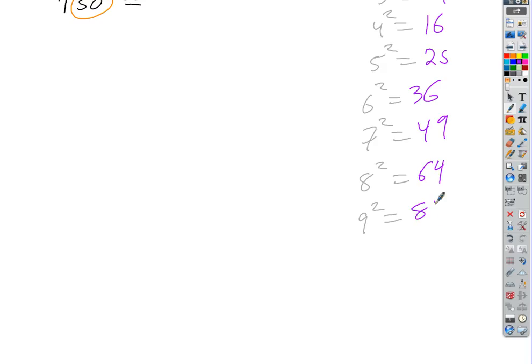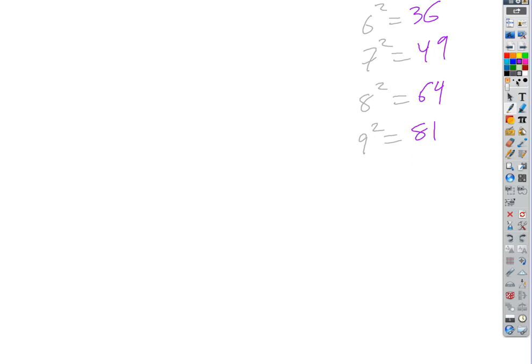Easy. 10 squared, 100. Okay, and if we go a little bit further, let's go to 12. So 11 squared, 121. 12 squared, 144. That's probably far enough, right? Rarely are we ever going to need to go further than that.